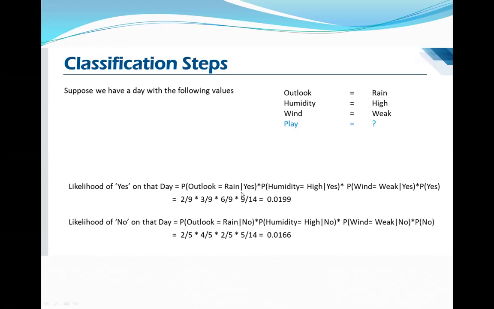For humidity, the probability of high given yes. And the next one you have to identify is weak given yes. This is the conditional probability.